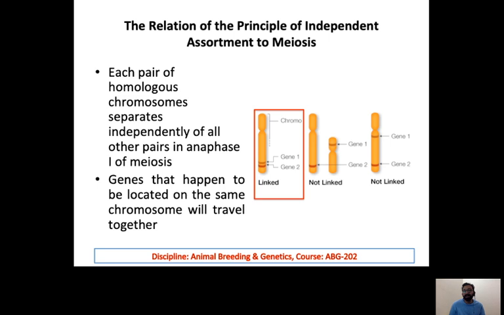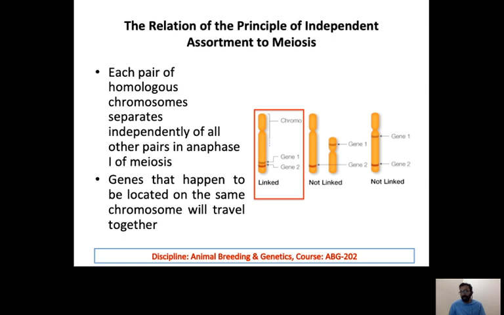And in this case, in the highlighted red diagram you can see, there are two genes, gene 1 and gene 2. They are too close to each other, so they are basically linked together, and they are located on the same chromatid, and they will always travel together.